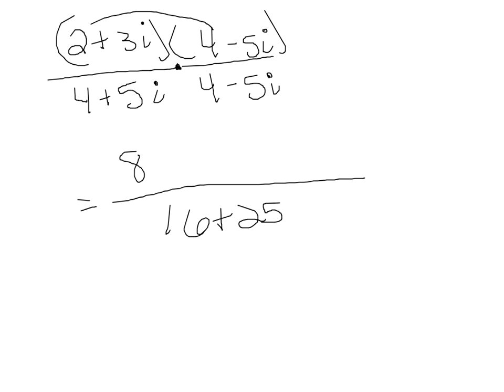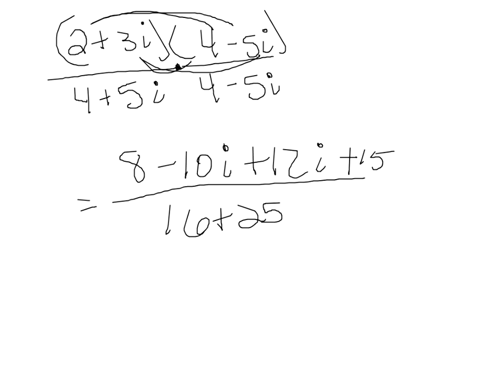So 2 times 4 is 8. And then minus 10i plus 12i. And then here we get minus 15i squared. So it's going to become plus 15. 8 and 15 is 23.